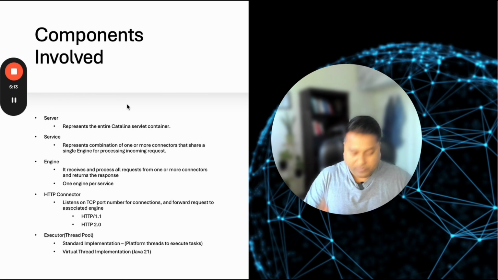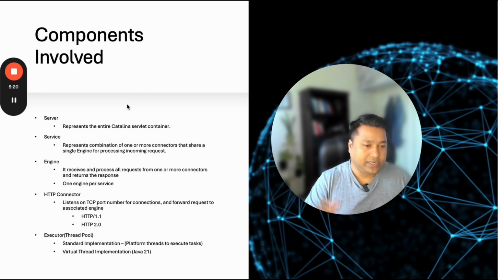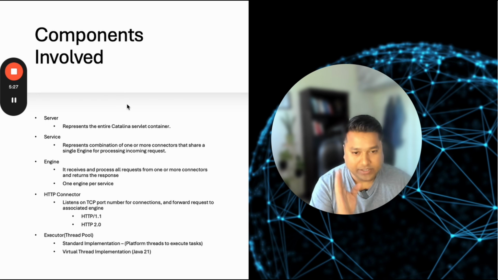For example, let's think of a particular service dedicated to handling requests, right? So for request handling you have one dedicated service. The formal definition is that it represents a combination of one or more connectors that share a single engine for processing incoming requests.